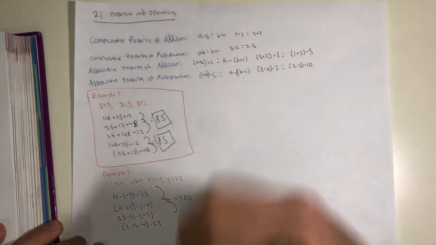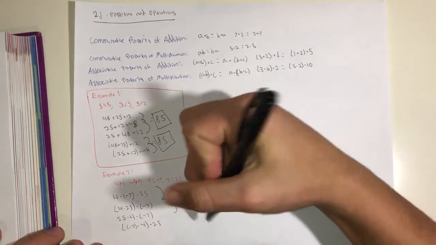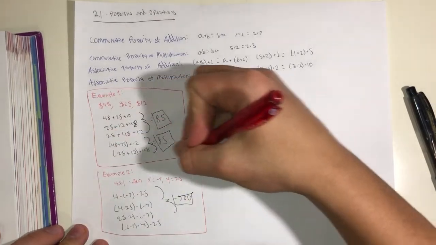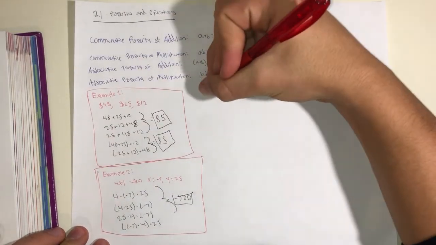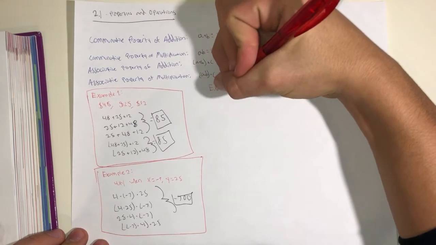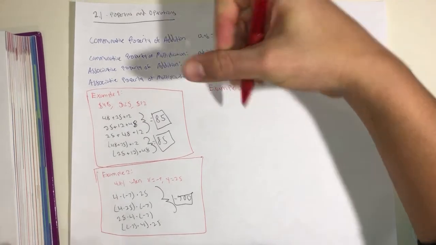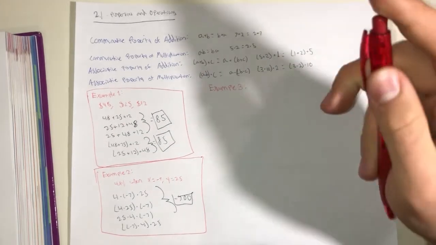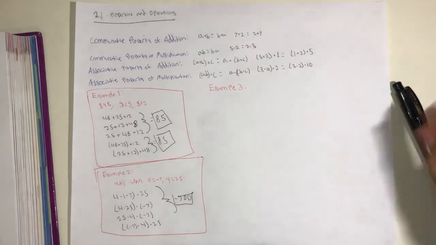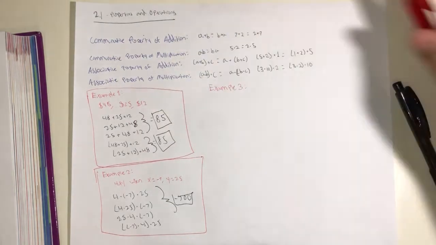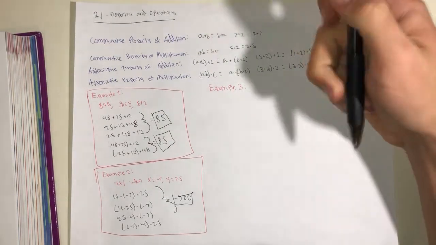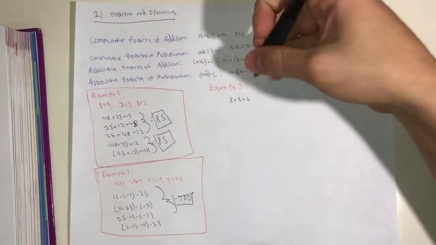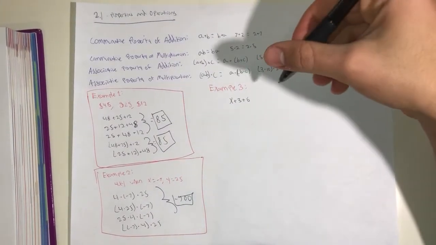This brings us to example 3, which is using properties to simplify variable expressions. If we are asked to simplify the expression x plus 3 plus 6, we don't know what x is in this situation. They don't give us a value for x.